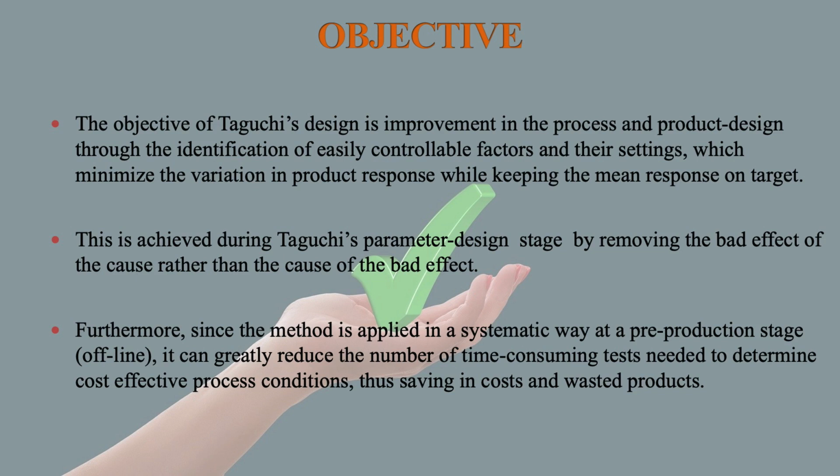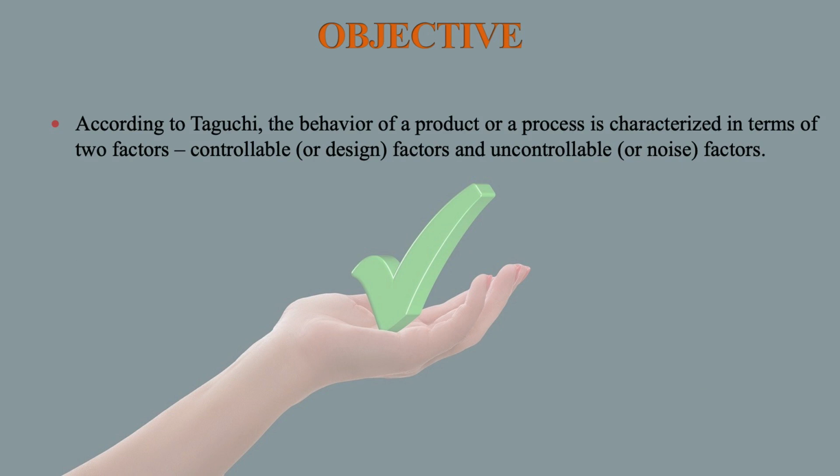According to Taguchi, the behavior of a product or a process is characterized in terms of two factors: controllable factors and uncontrollable factors. These are also known as design factors and noise factors.